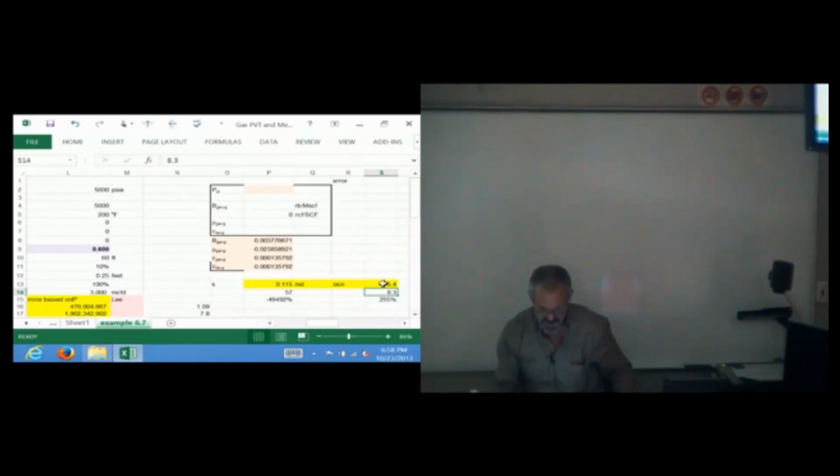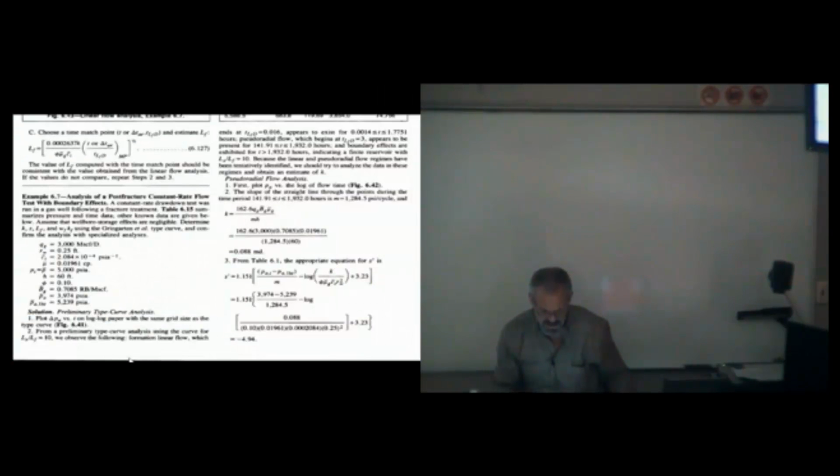And I've got a skin of minus 5.4, and the textbook has a skin of minus 5. Okay? I'm actually ready to make an estimate of my fracture half length.